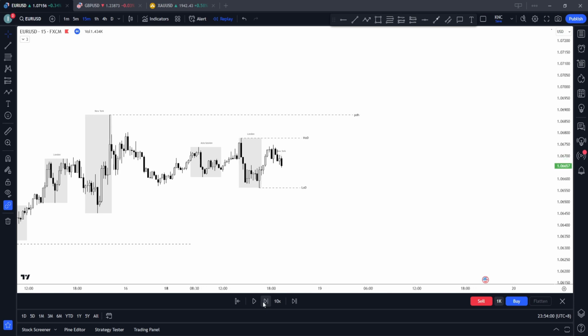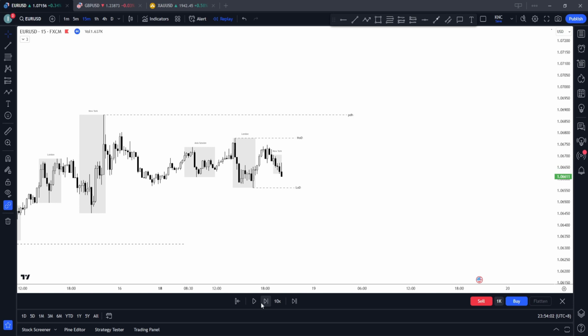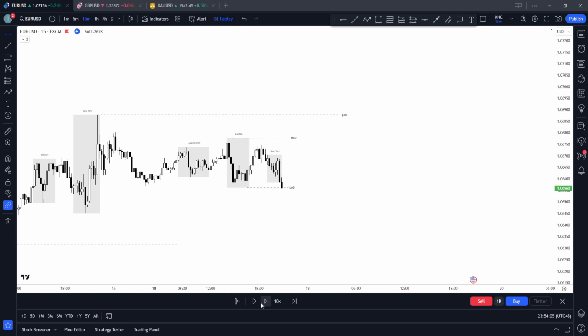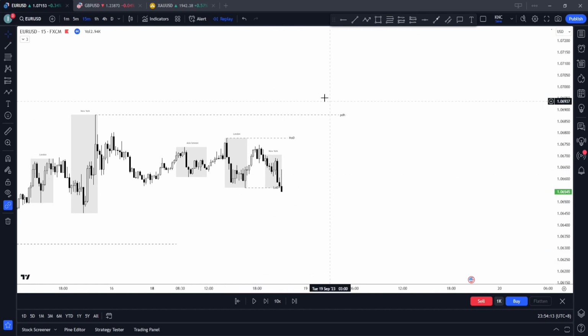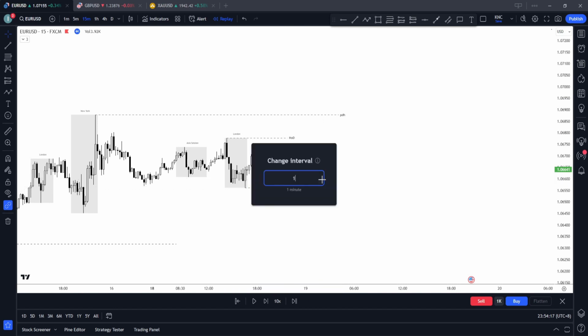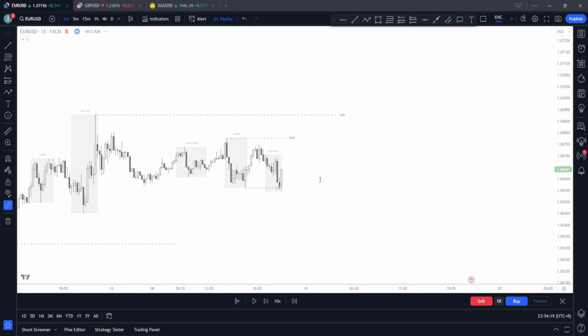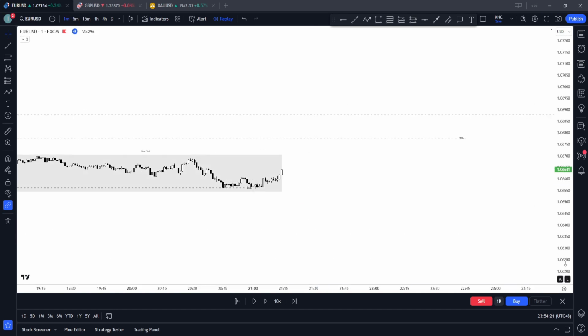Now we are at our New York session. We have a top at our New York low of day, and the next candle has a liquidity sweep. So we'll go to the 1 minute time frame to look for a confirmation entry.